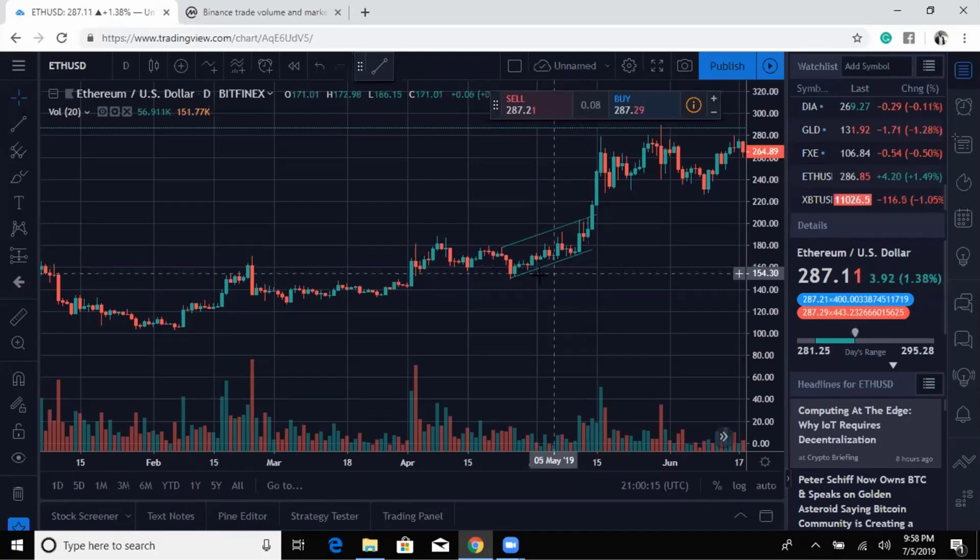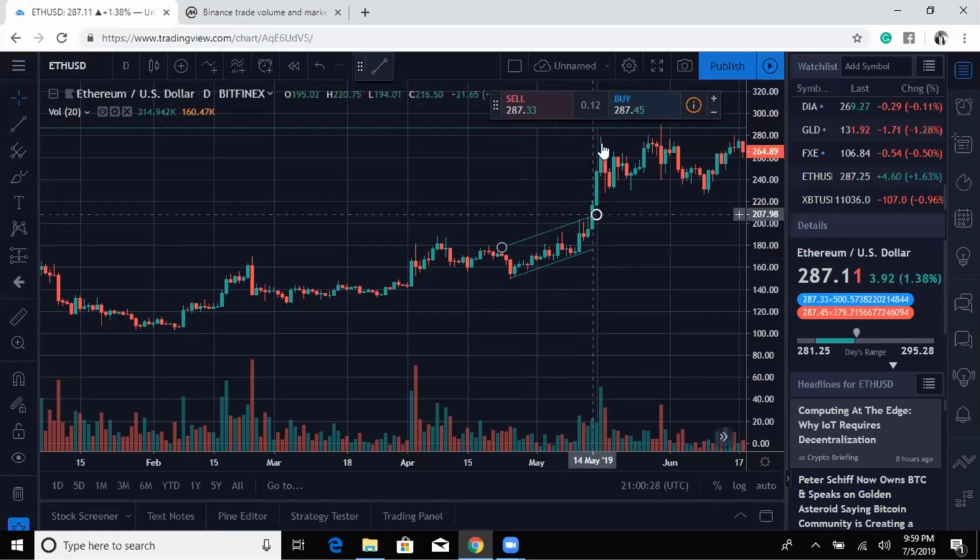Because here it tested the trend line at the top, it didn't break out, and it went down. Then it tested it at the top again, and then it broke above the resistance level.